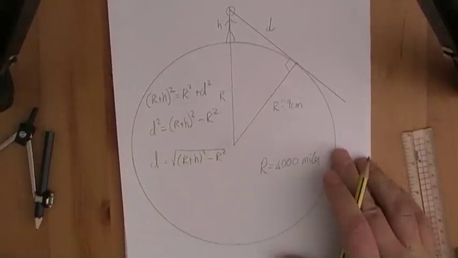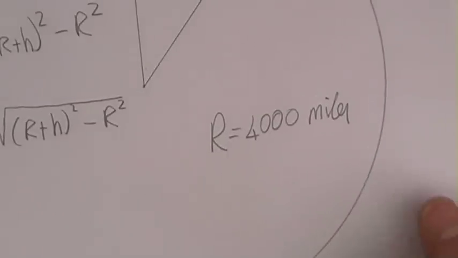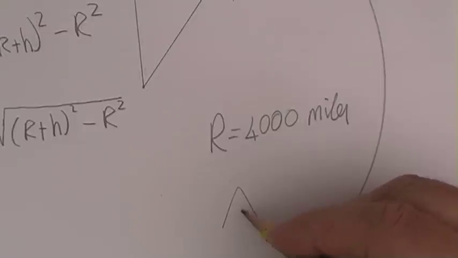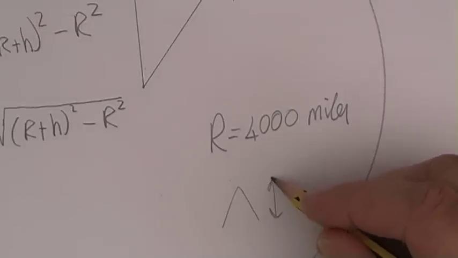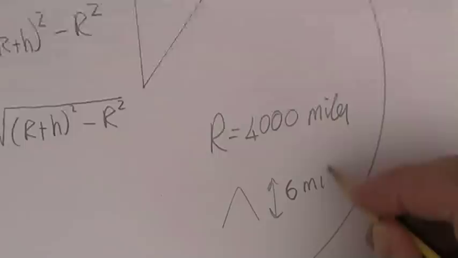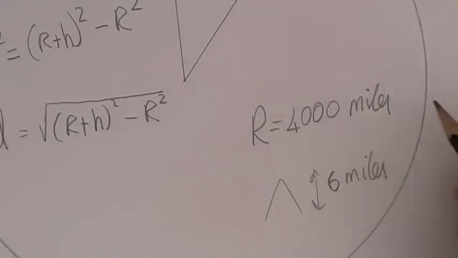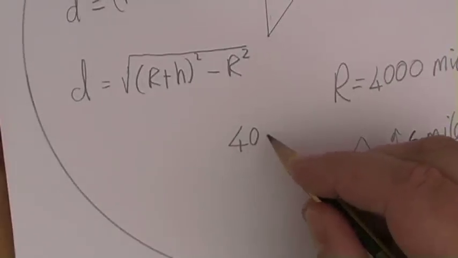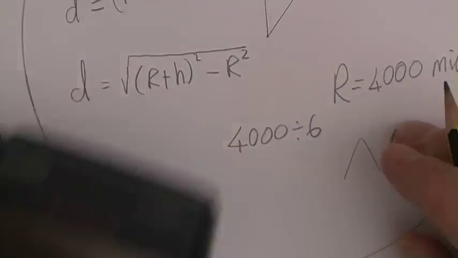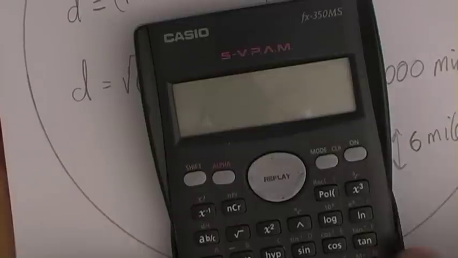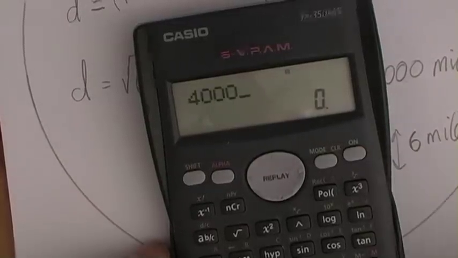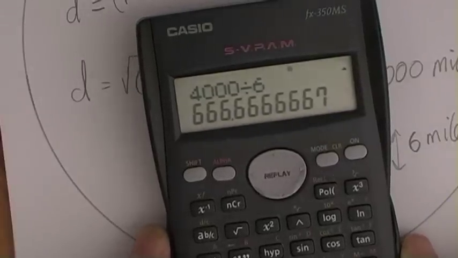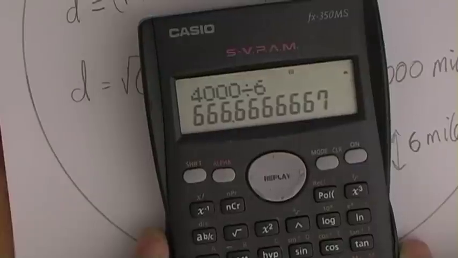Okay, let's go down here. Everest is about, I think, 6 miles high. So if we do 4,000 divided by 6, we'll do it on a calculator so you can see I'm not cheating. 4,000 divided by 6 equals, I'm sure some conspiracy theorists will make something out of that, but it's about 600.